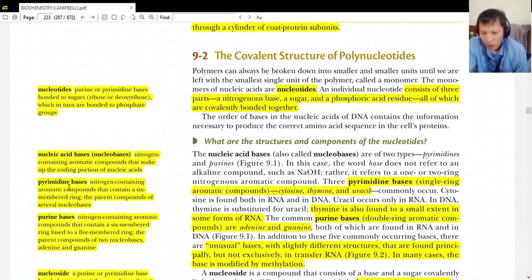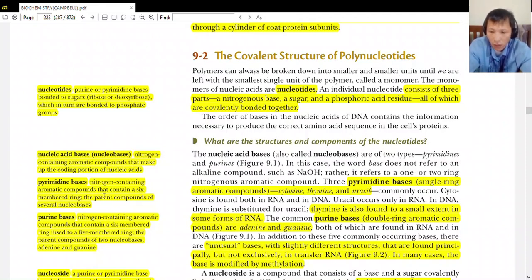And then what's the difference between pyrimidine bases and purine bases? Nitrogen containing aromatic compounds. So you have the nitrogen and then your aromatic compounds. You are talking about the benzene rings that contain a six-membered ring. Of course, that is a benzene. And then purine bases are nitrogen containing aromatic compounds, the same, that contain a six-membered ring fused to a five-membered ring, side to side.